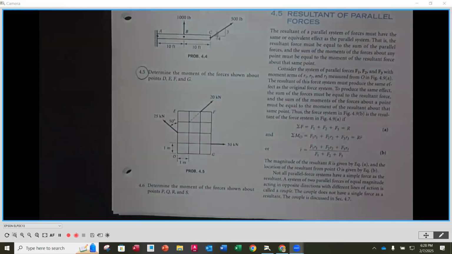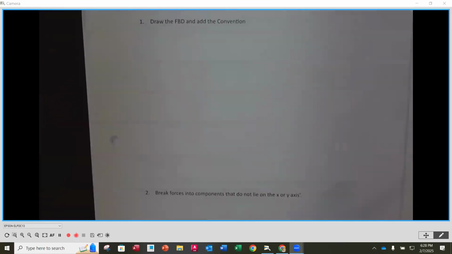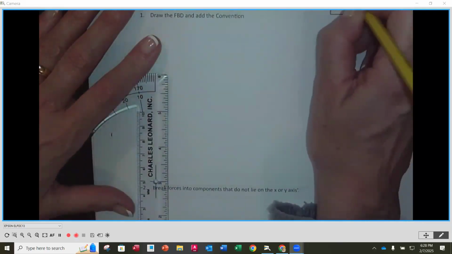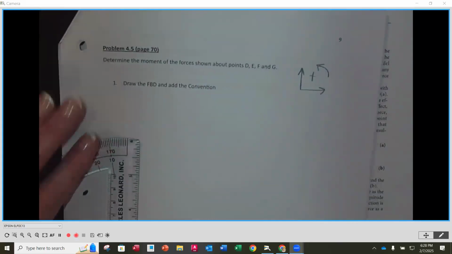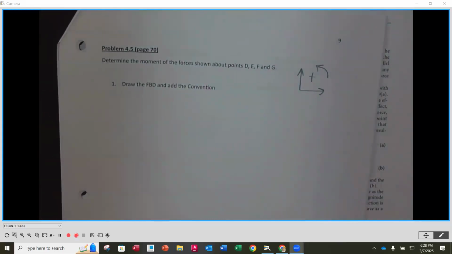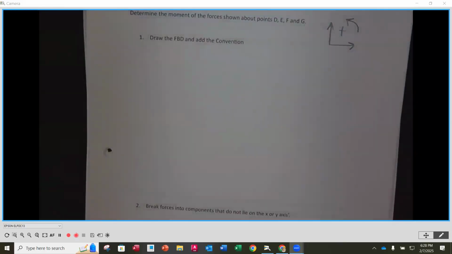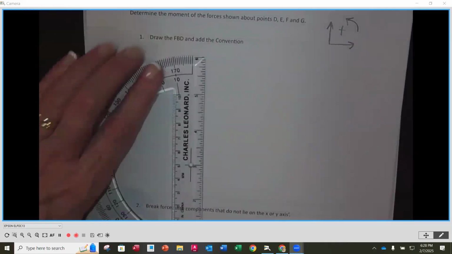So we've got plenty of room to draw a nice large diagram. That's what I'm going to do over here, and I'm going to add my convention in the upper right-hand corner. My convention is on here already, so I'm going to add all the information for this problem, and you want to do that very same thing as well.